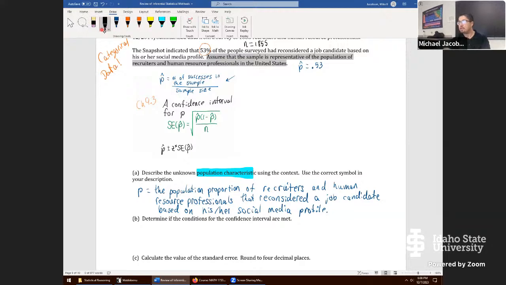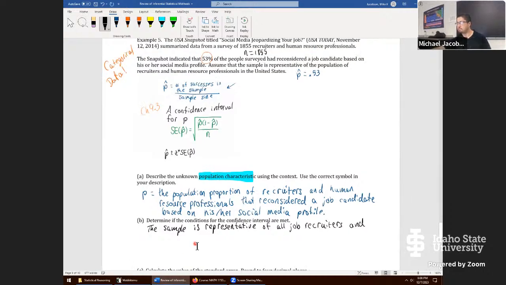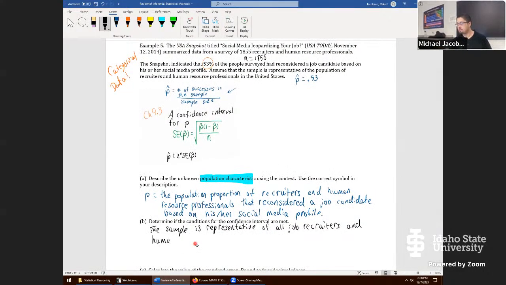Let's say down below, the sample is representative of all job recruiters and human resource professionals. Okay, so we got that statement down. We have a representative sample.